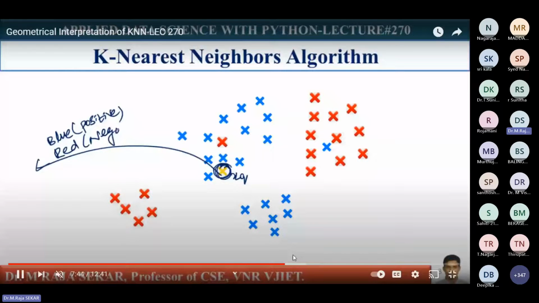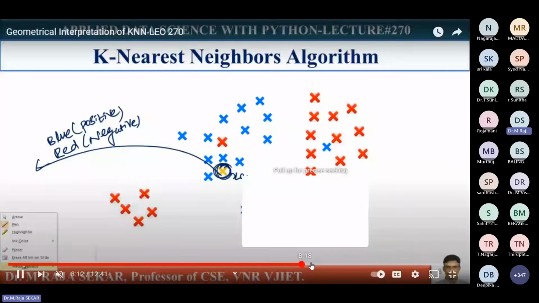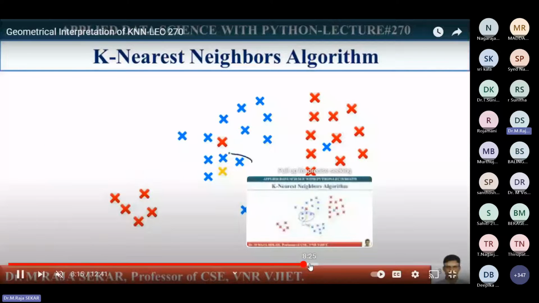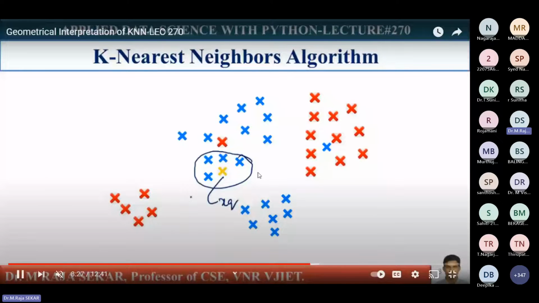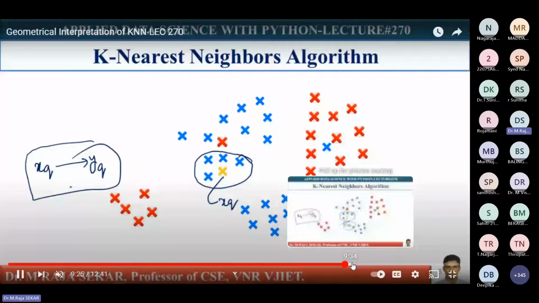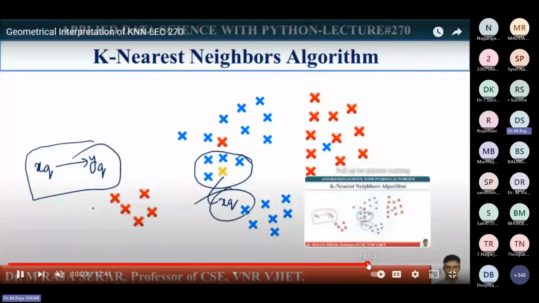This algorithm has to identify neighbors. How many neighbors is it taking? 1, 2, 3, 4. These 4 neighbors are basically blue points. Blue data points mean positive points. Therefore, which label will you assign for this data point? If you speak strictly, you have to assign the blue label.